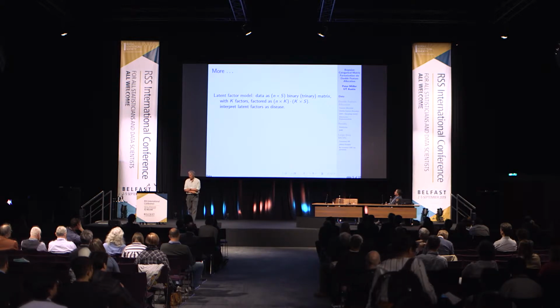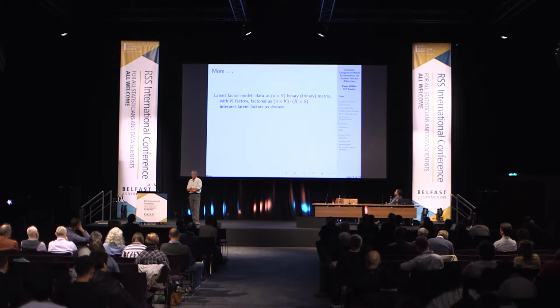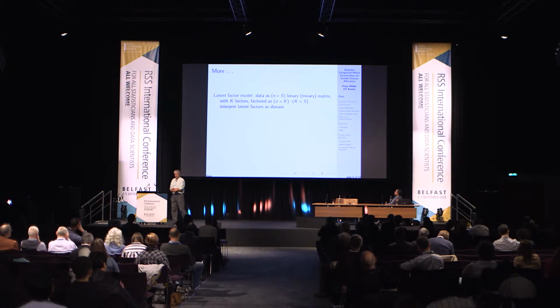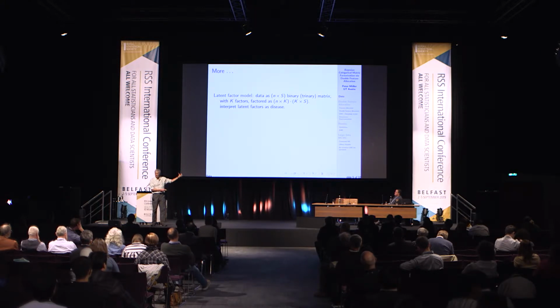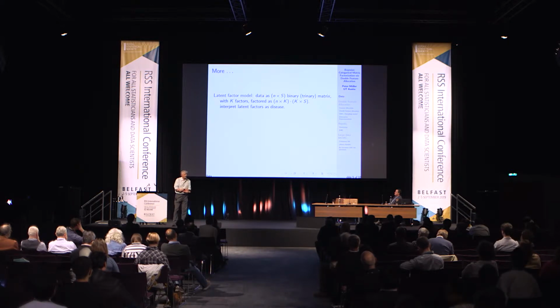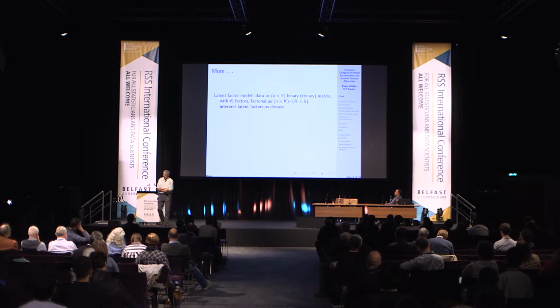Much closer to our model is thinking about some kind of latent factor model. A latent factor model simply means you take the data matrix, which was the first figure on the title slide, that n by s data matrix, where n is the patients and s is the number of symptoms, and we try some low-rank factorization into n by k and k by s, where cap K is now the number of latent diseases underlying this.